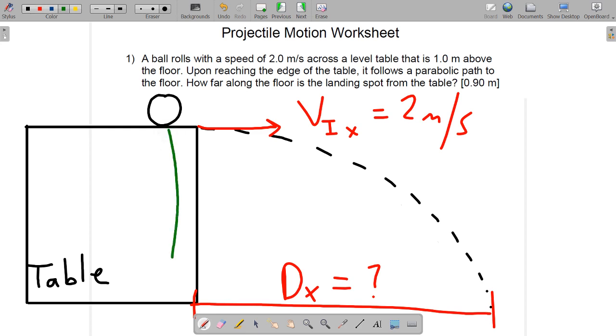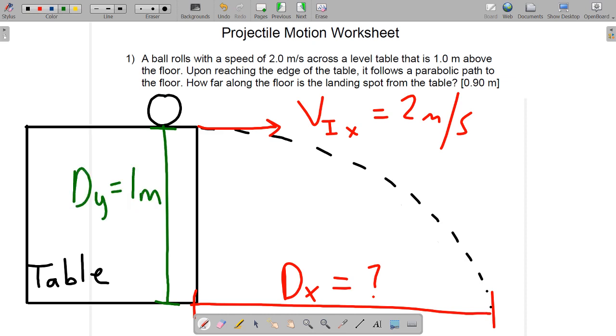From here to here is 1 meter, so we're going to label that. With this information, we can solve for the distance in the x direction. This is ultimately what we're looking for here.